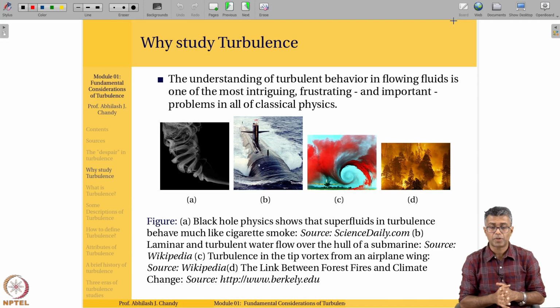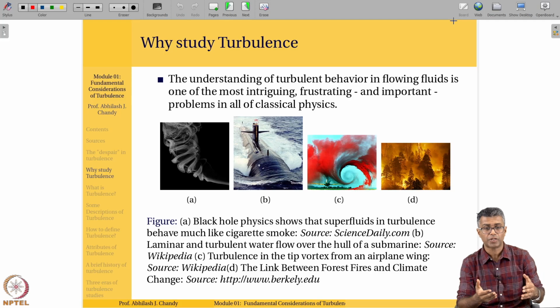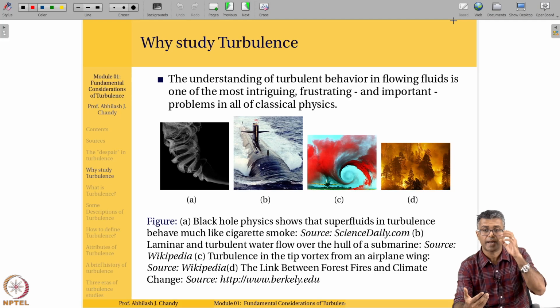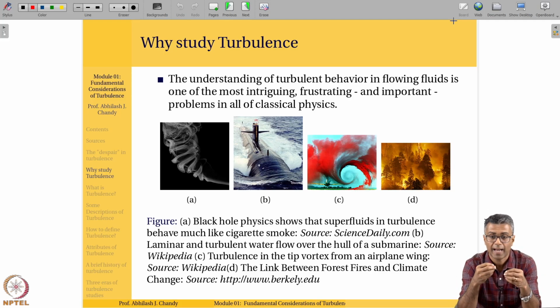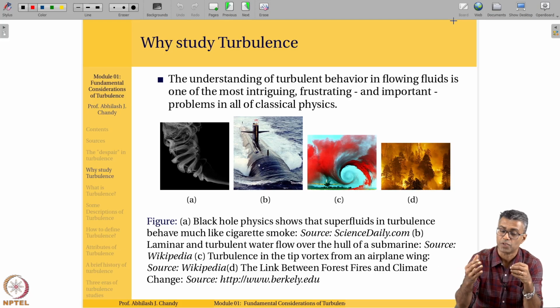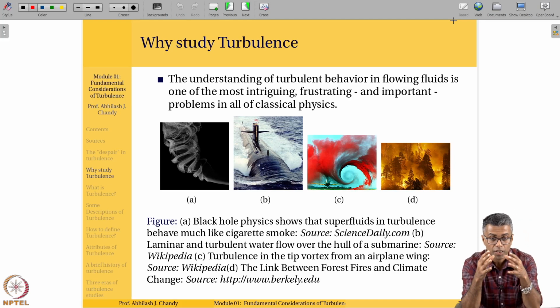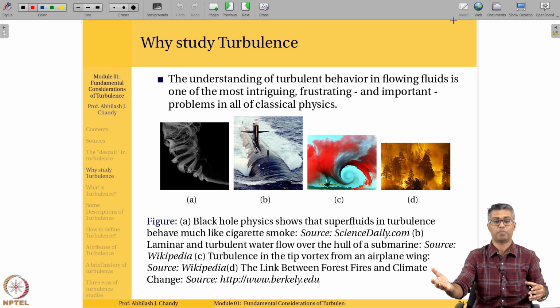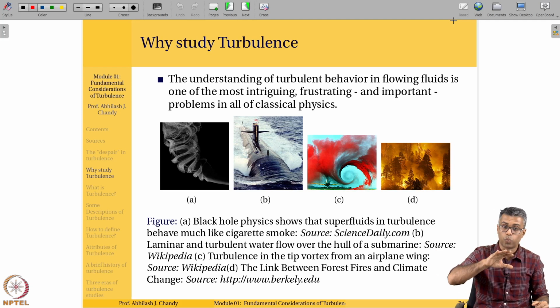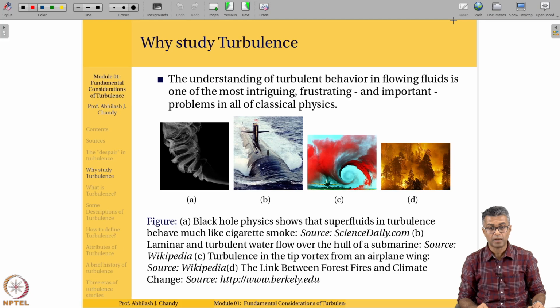These examples that I showed here have a lot of implications on trying to understand different phenomena. I mentioned that the patterns you see in the cigarette smoke have analogies to black hole physics. So trying to understand things in space, understanding the cigarette smoke could have a lot of implications. Trying to understand the flow behind the submarine could have implications on how you design the hull of a submarine.